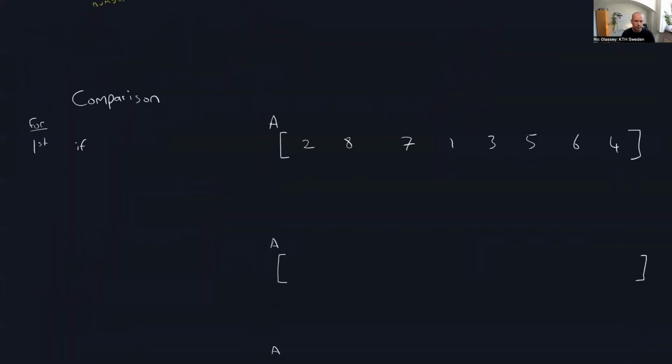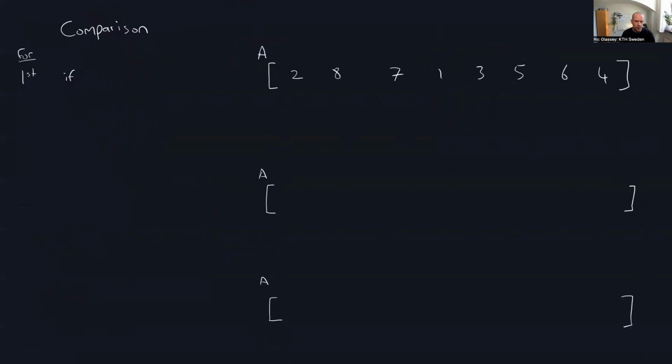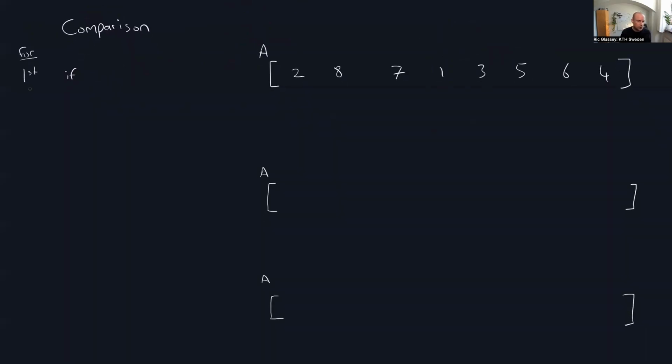Okay, so I'm going to go through each iteration of the for loop. The question we'll ask every time is: where we're currently looking at, the current number or the next number, as I called it, is it less than or equal to the pivot? We're trying to find if it's smaller than the pivot. And we remember our pivot is over here, so we're always comparing against 4.